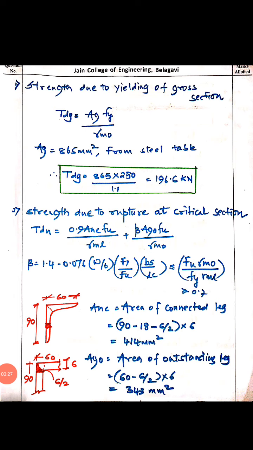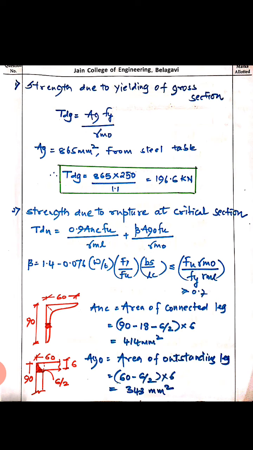It is given by TDG equal to AG into Fy upon gamma m naught, where AG is the gross area of this section, which we get from the steel table for 90 by 60 by 6.